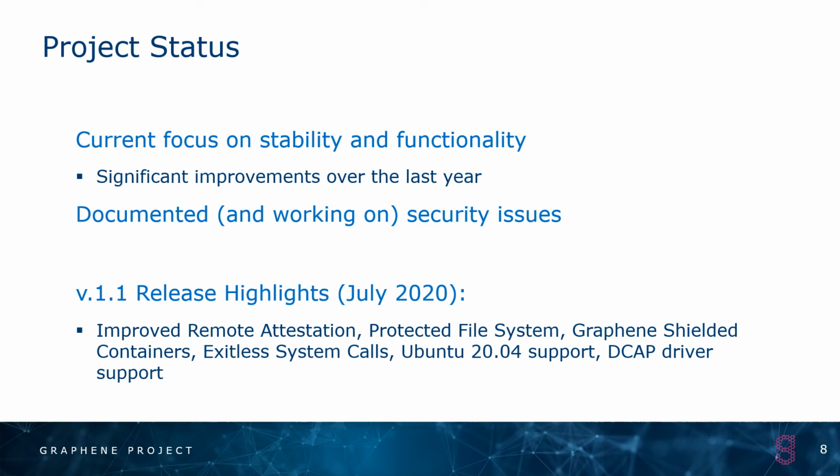We released version 1.1 this summer, which includes a number of features, including improvements for remote attestation, a protected file system, support, which you'll see later in the tutorial, for making it easier to deploy Graphene in containers, exitless system calls, and support for Ubuntu 20.04 and the DCAP SGX driver.